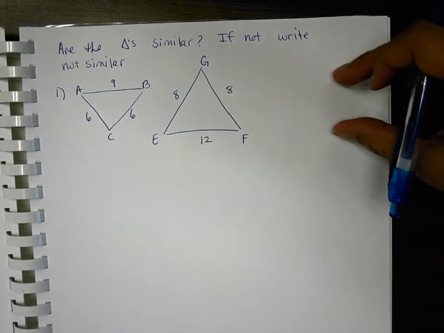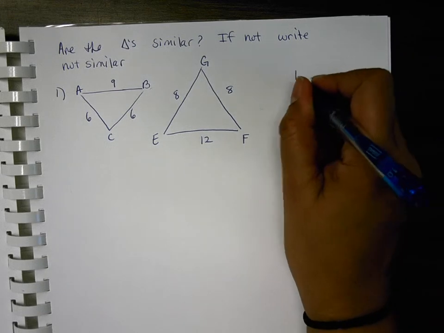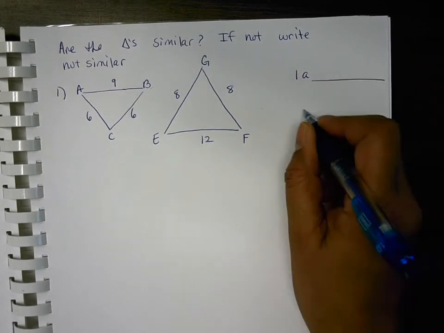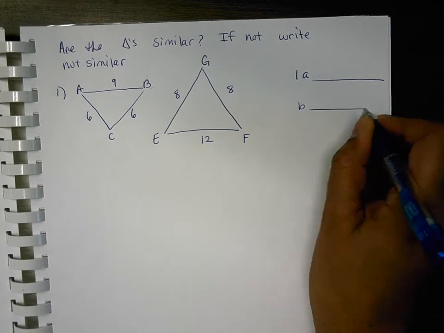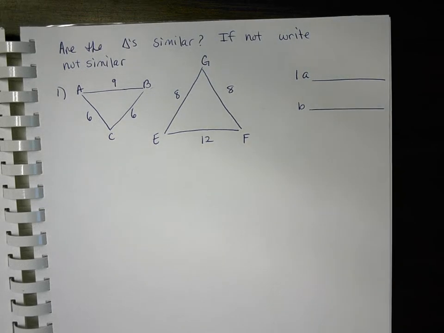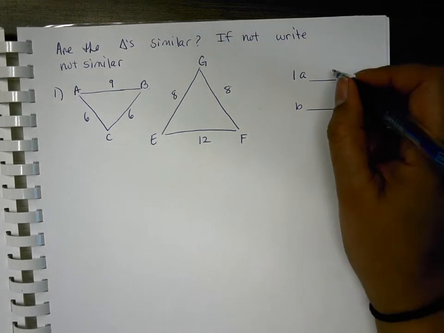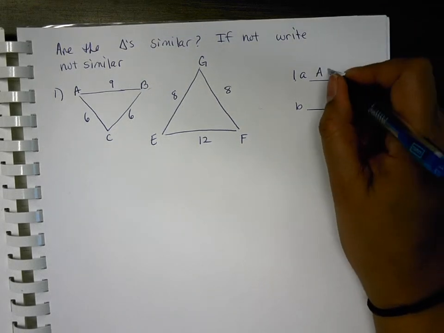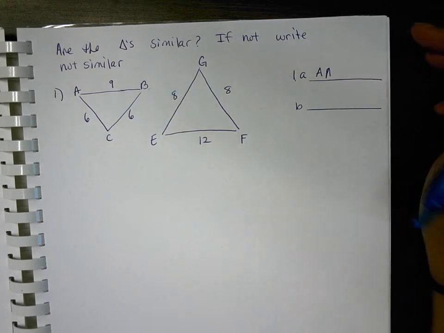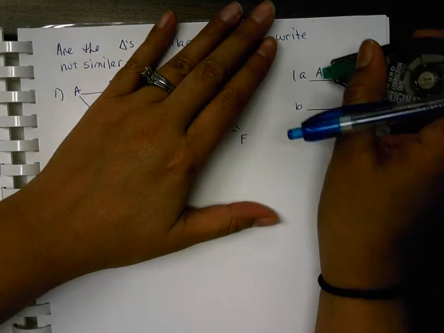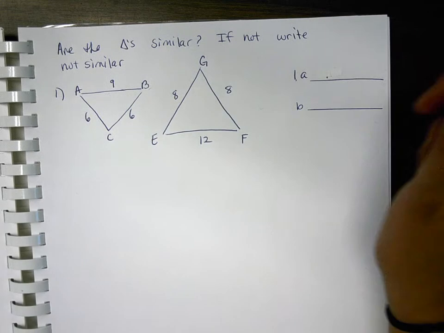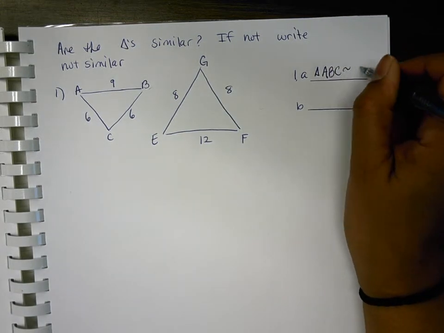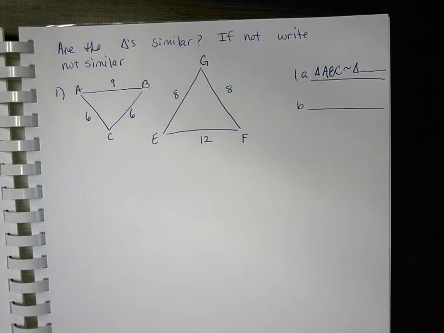Now what I want you to write on this side is 1A and B. And I'm going to start you off just like we've done in notes before. I'm going to write here triangle ABC. Triangle ABC is similar to triangle, and you're going to fill that piece in.